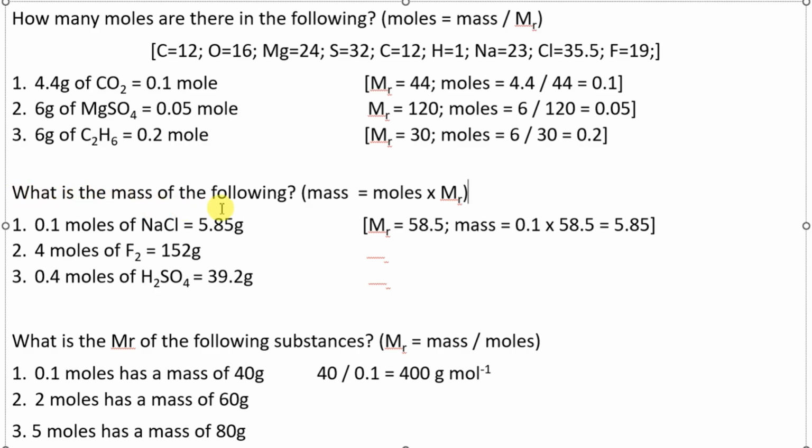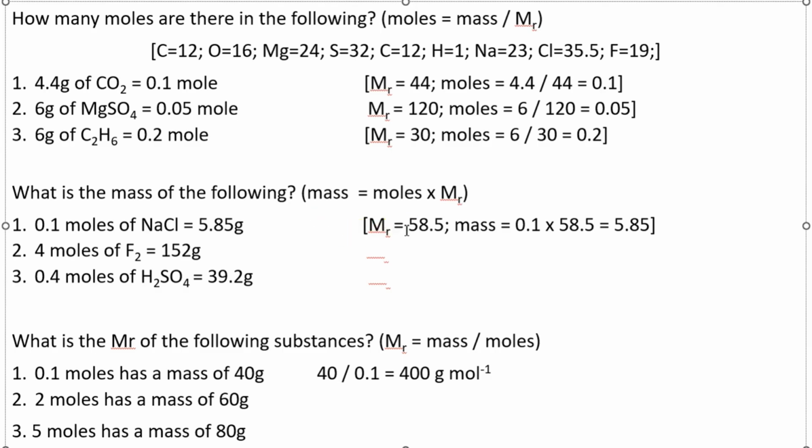Next, what's the mass of the following? Rearranging my equation, moles is mass over mR, gives me mass equals moles times mR. And I'm told I've got 0.1 moles, and I'm told that I have a mass of 5.85 grams.